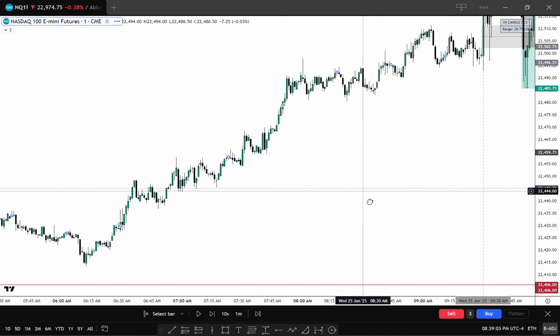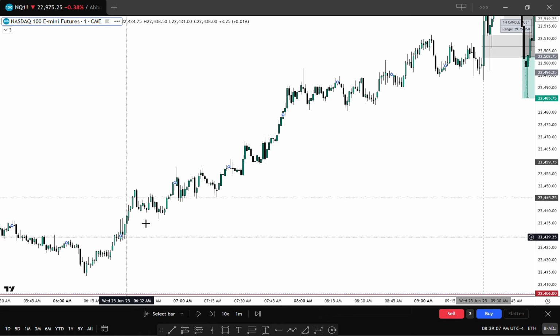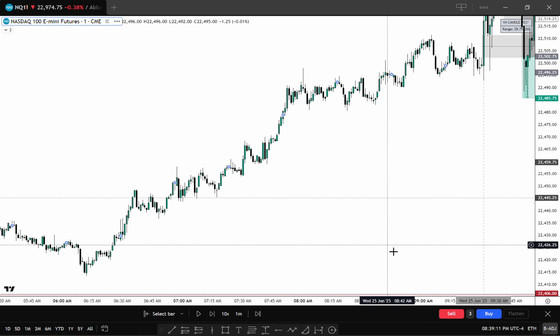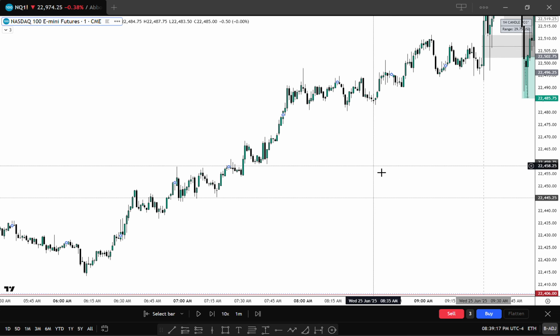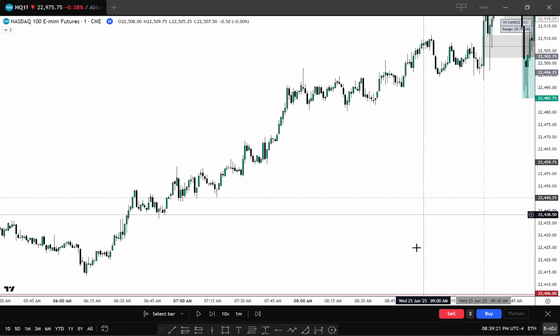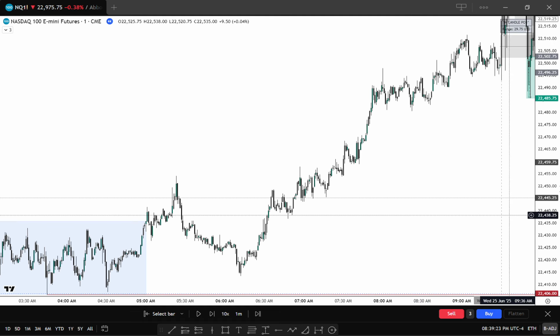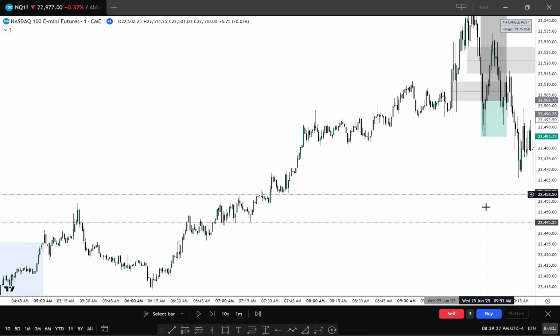So in my last lecture I covered the fact that this is all accumulation. It looks like an expansion, but it's actually an accumulation. You can check out my July 1st lecture where I covered how smart money views manipulation, accumulation, distribution.